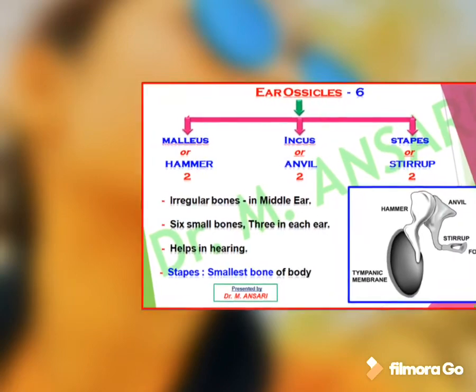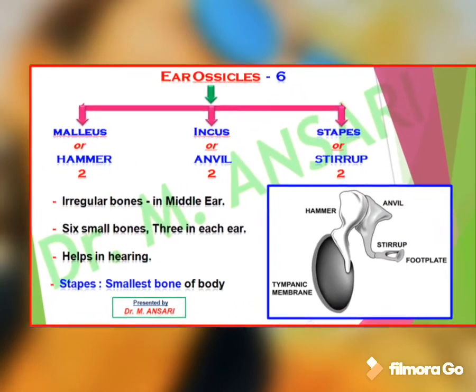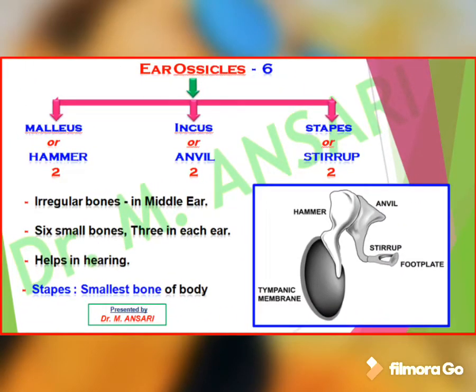Ear ossicles are present in middle ear. Total 6 ear ossicles are present, which are of 3 types, that is malleus, incus and stapes. According to shape, these ear ossicles are also called hammer, anvil or stirrup.